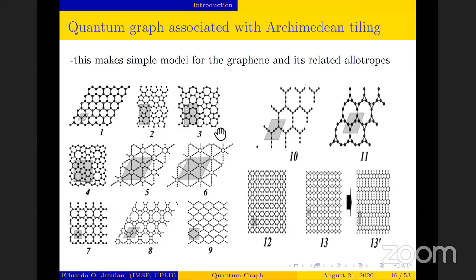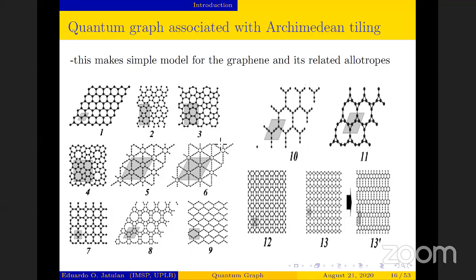As we can see in the Archimedean tilings, number 11 is the truncated hexagonal tiling, number 7 is the truncated square tiling, and we have number 8 also. So we have 1, 2, 3, 4, 5 of these structures in our quantum graph associated with Archimedean tilings.